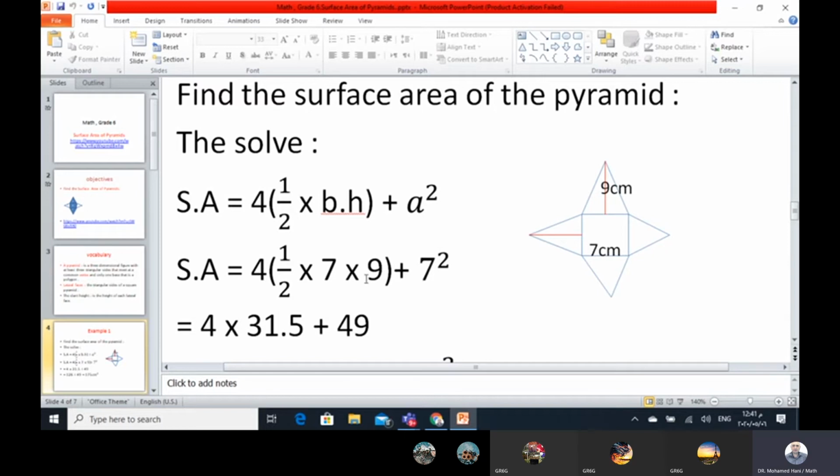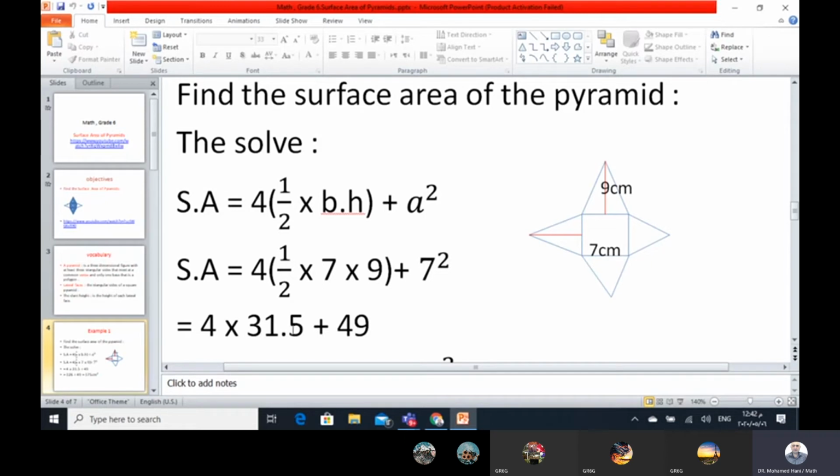Start from the order of operations, between parentheses. 9 multiplied by 7 will be 63. Multiplied by 1, 63. 63 divided by 2 will be 31.5. And before the parentheses we have 4.